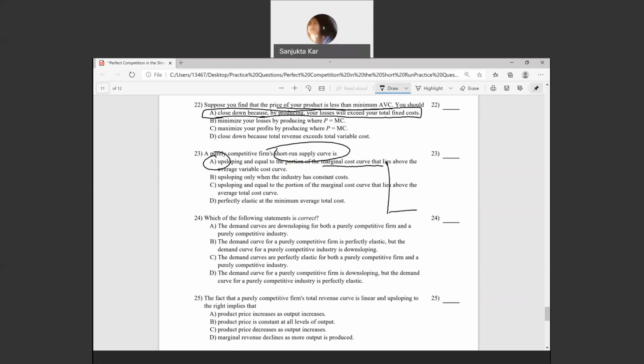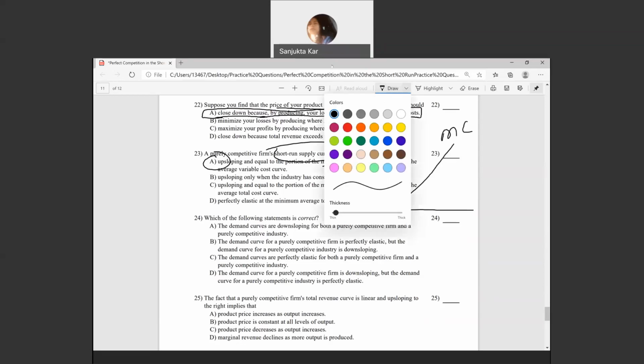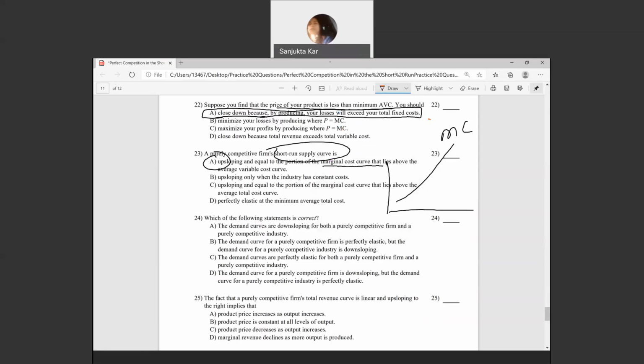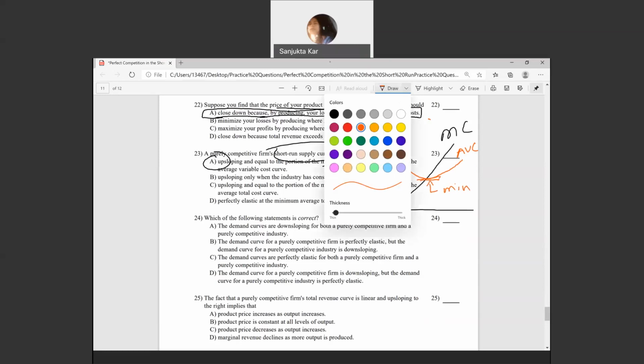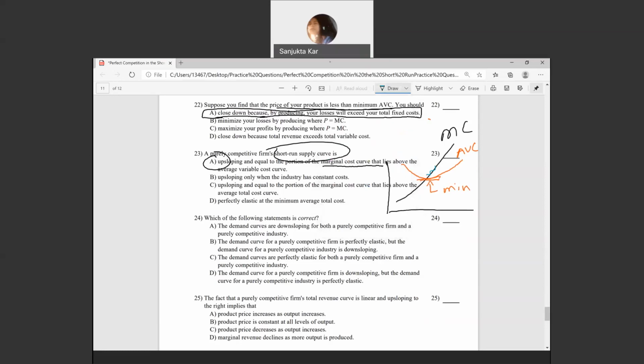So this one is the marginal cost curve, and this is the average variable cost curve. This one is the minimum point of the average variable cost curve, also called the shutdown point, and this part will be the supply curve in the short run.